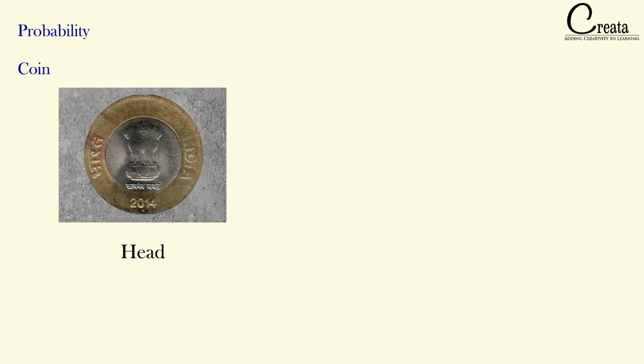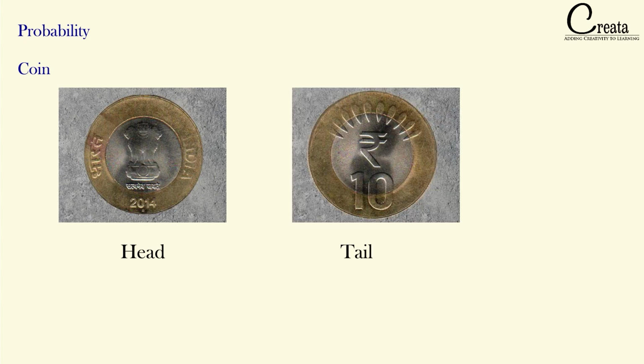Either we will get a head or we will get a tail. The chances of getting head and tail are equal, or we can say 50-50. 50-50 means 50% each. The probability of getting a head is 50% and the probability of getting a tail is 50%.